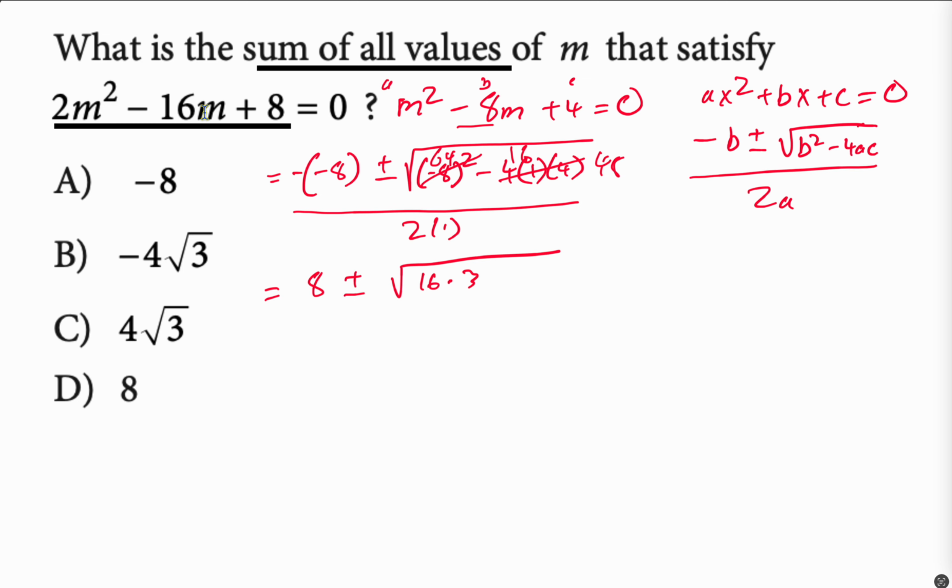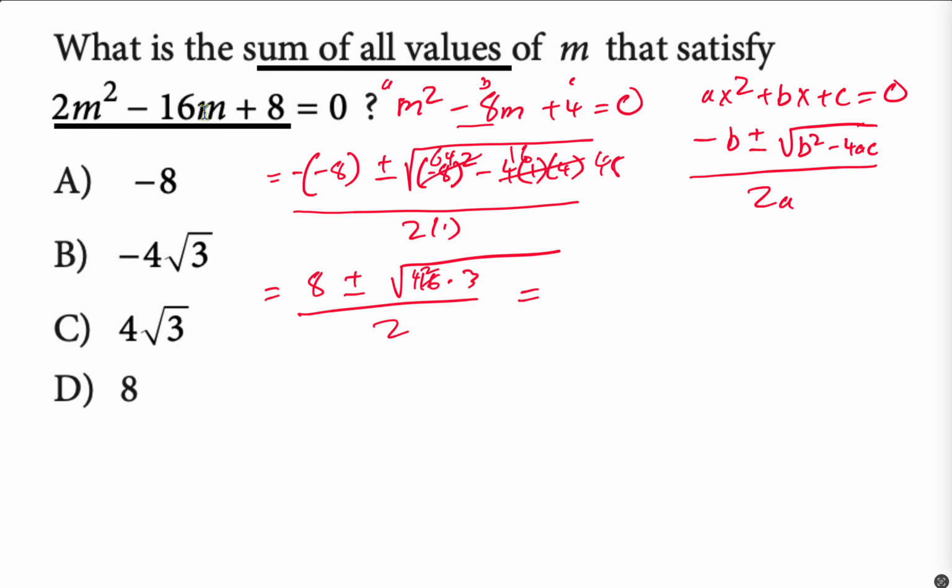Over 2. So you have the square root of 16 times 3. Basically, we can convert the 16 as 4 squared, okay, so 4 squared is 16.